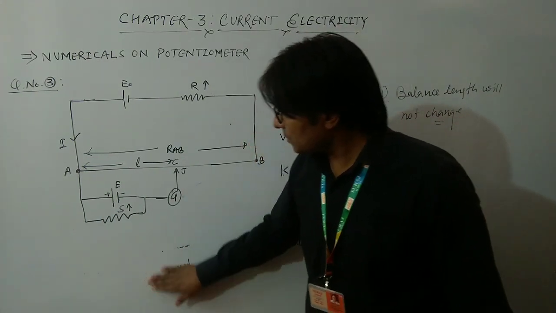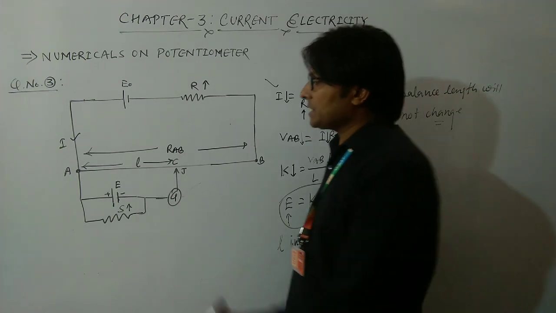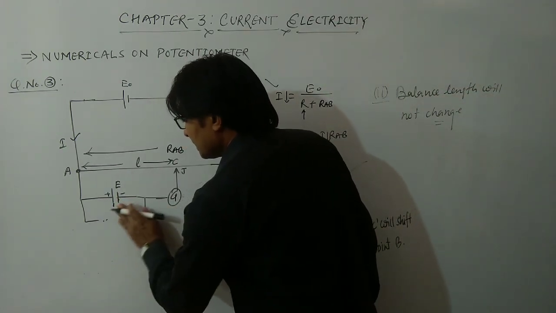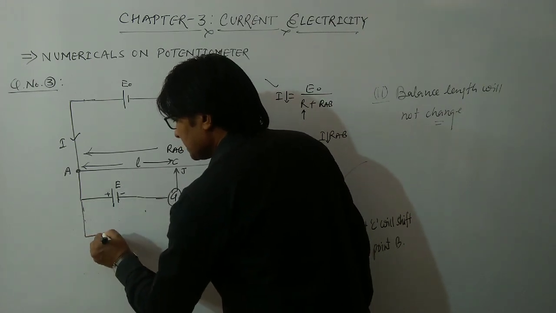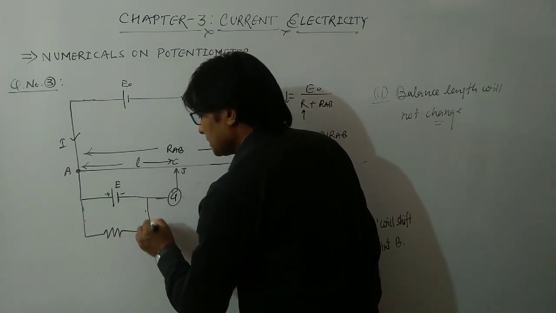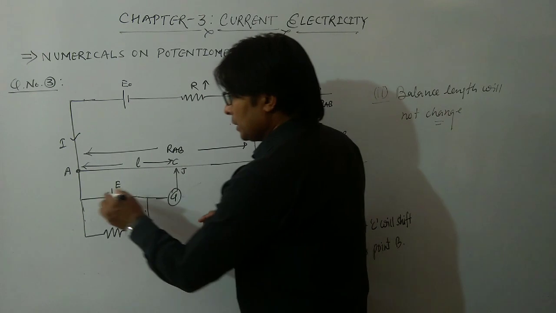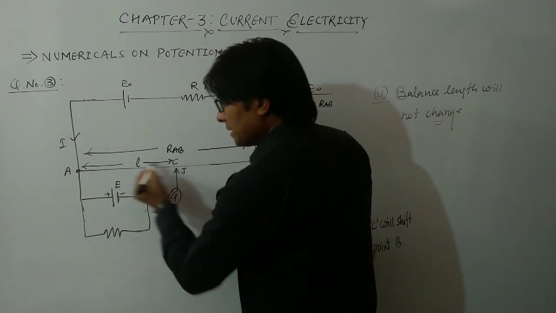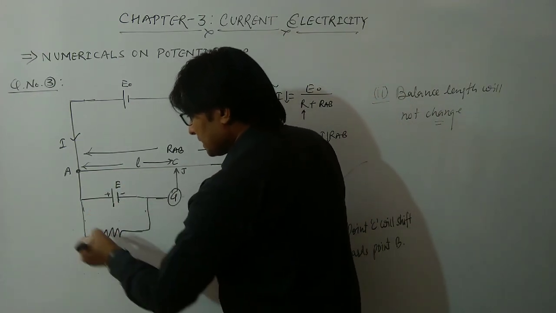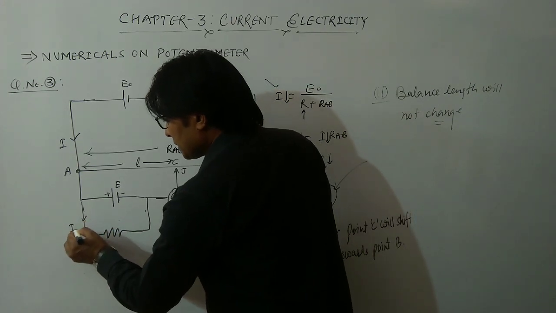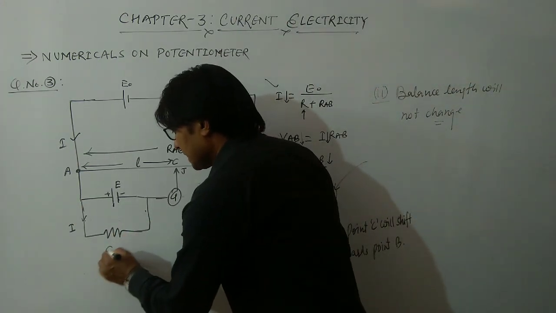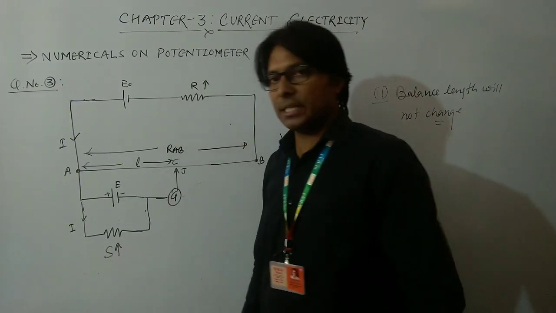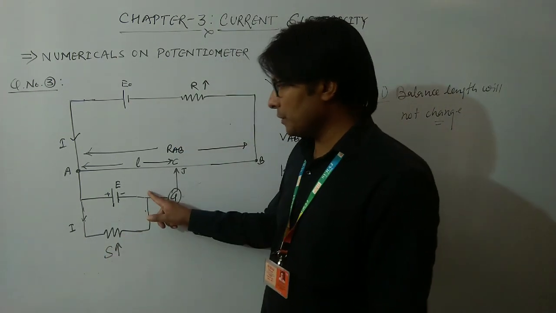so now the terminal voltage of this cell will work, because now the circuit is complete, and in this circuit definitely some current is flowing. Although there is no current in this circuit, so far as this circuit is concerned, definitely some current is drawn from this cell by this resistance S, because now this resistance is connected here instead of here.